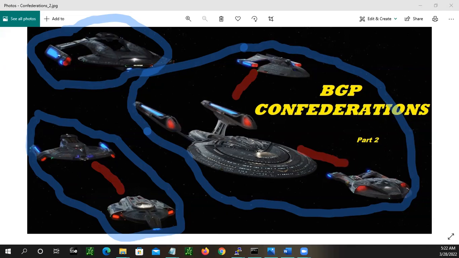And then on top of that, you can also have a peering between these autonomous systems within one another here. And all this together is your confederation itself.